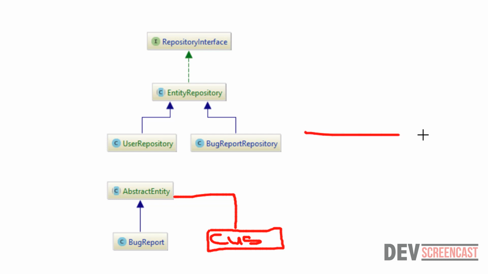And then we'll have a new repository, which will be the customer repository. So this repository will be responsible for creating a customer. It will be responsible for finding a customer. It will be responsible for doing anything that we want to do with the customer that has a database implication. So this is basically what we want to implement in this section.